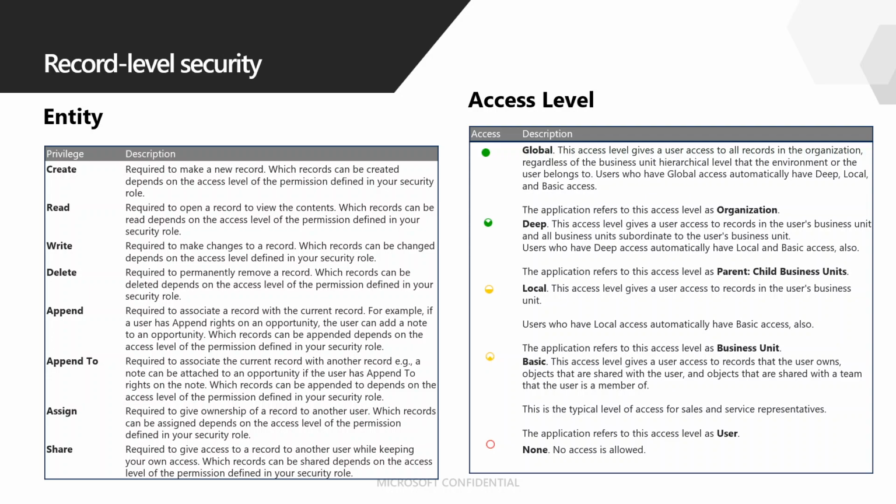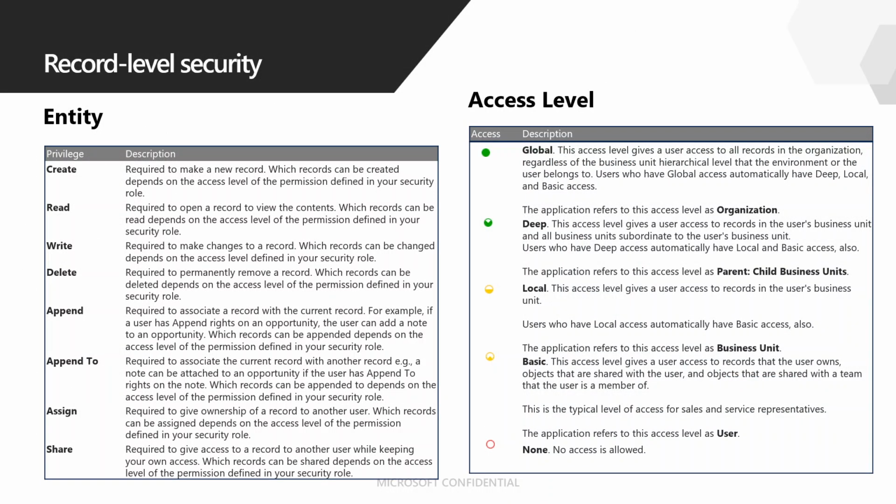In general, we tend to recommend deep or local access. But for most sizes of organizations that we work with, global is totally fine as well, because they don't have many business units, or any business units inside there. But you do need some thought around this, so do reach out if you want us to give you some advice and help on this.